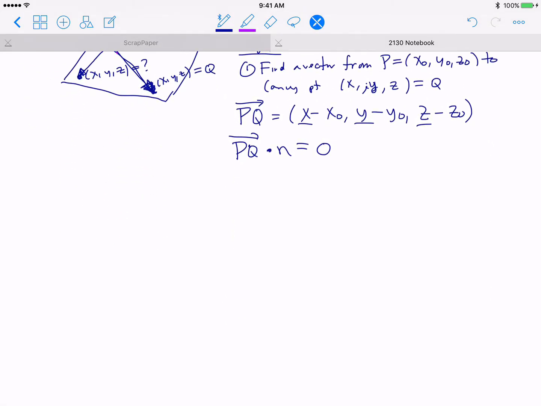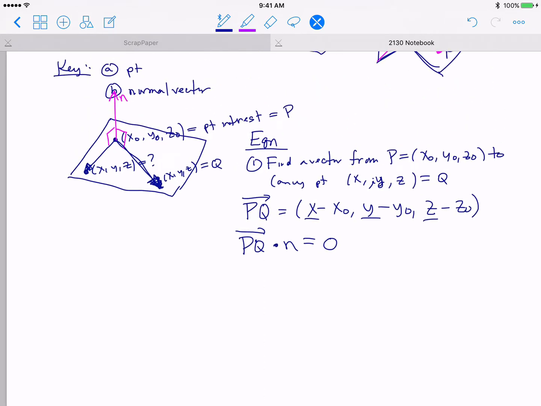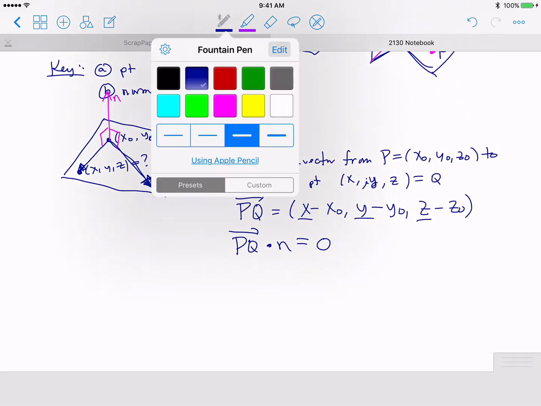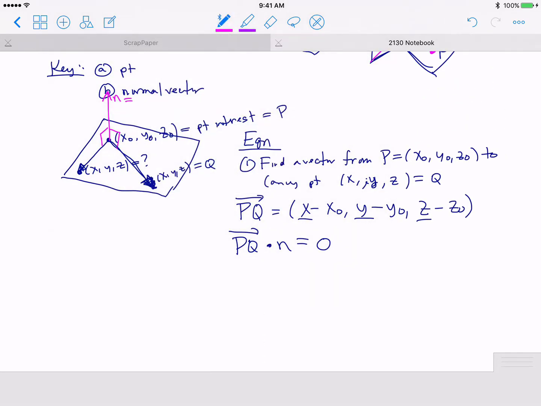So this gives us our strategy. Let's say that our normal vector is some vector n1, n2, n3, 3 entries. I want to find all the values of x, y, and z such that the dot product with the normal vector gives 0.